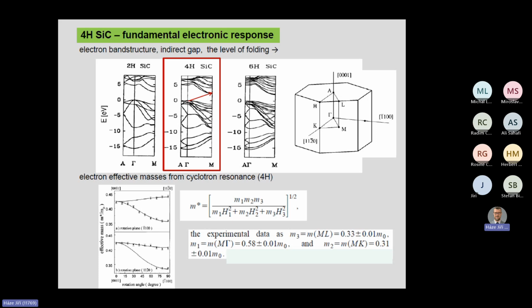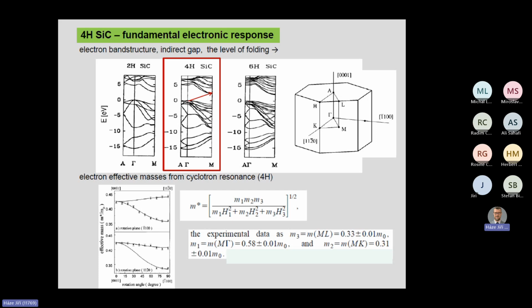We have nowadays very good values of band curvatures, which are effective masses. They determine the ability of electrons to move in electrical fields, and you see the strong anisotropy as the different values of effective masses along different directions in the Brillouin zone.